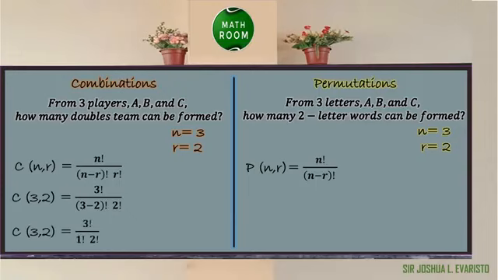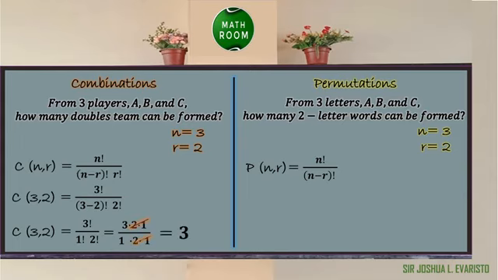So we have 3 factorial over 1 factorial times 2 factorial, since 3 minus 2 is equal to 1. Expand the numerator and denominator, so we have 3 times 2 times 1 over 1 times 2 times 1. We can now cancel 2 times 1 on the numerator and denominator. 3 divided by 1 is equal to 3.